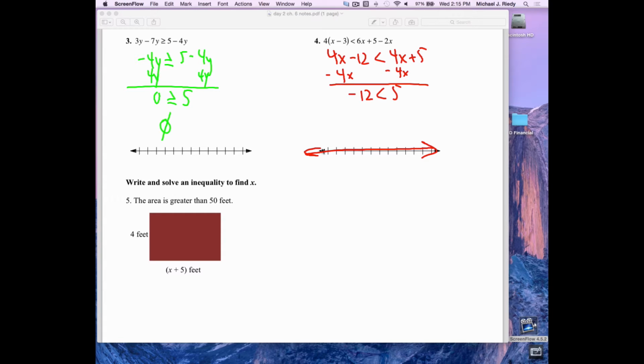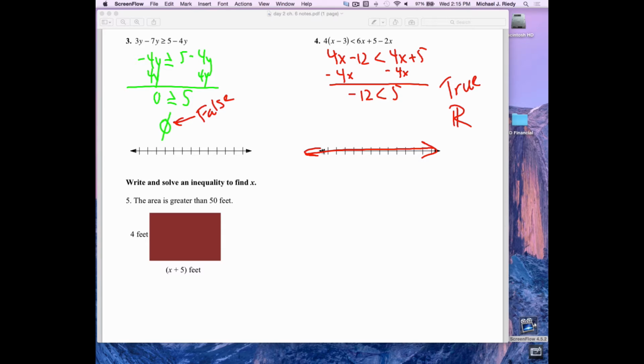When the variables drop out, one of two things is going to happen. It's either going to be undefined, which means there's nothing on the graph, no possible number works. So this is a false statement, and if it's false, there's no solution. If you get a true statement, then remember that symbol, what does that stand for?